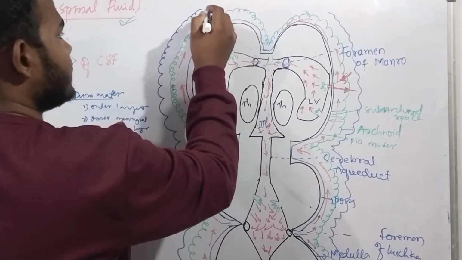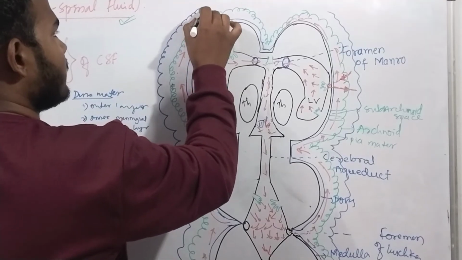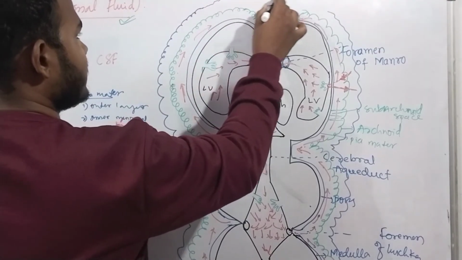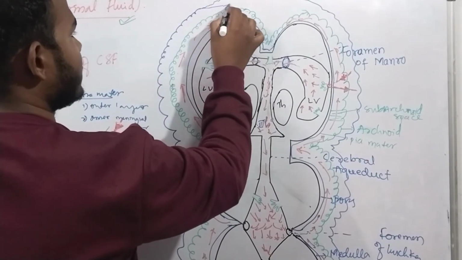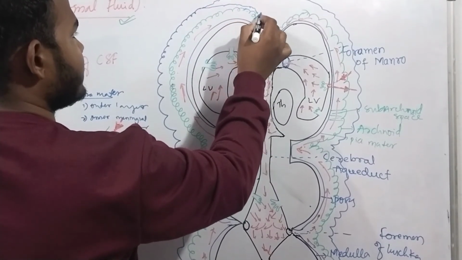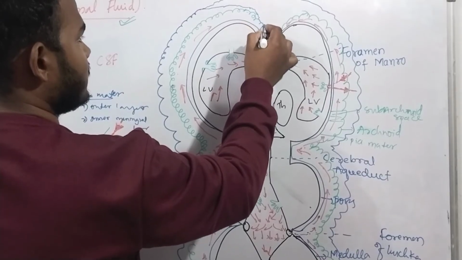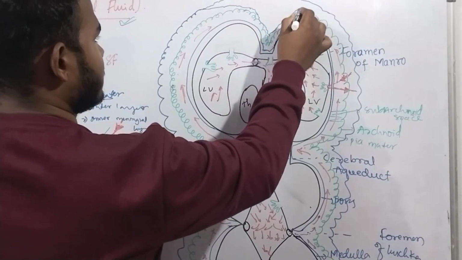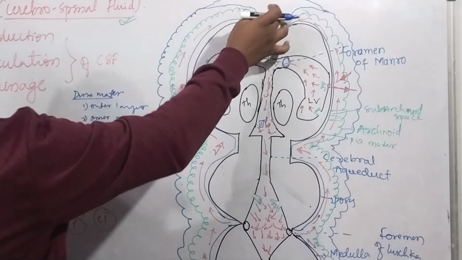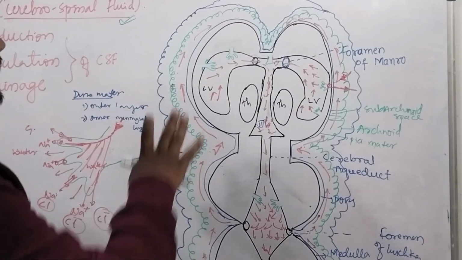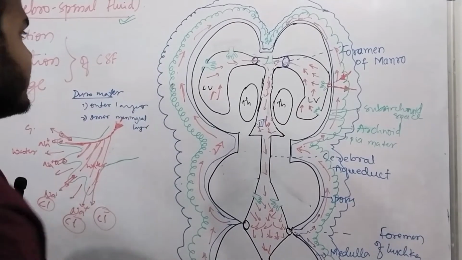Here the outer layer divides from the inner layer, and the inner layer is like this. Now there is a triangular structure formed above the brain, the cerebrum.